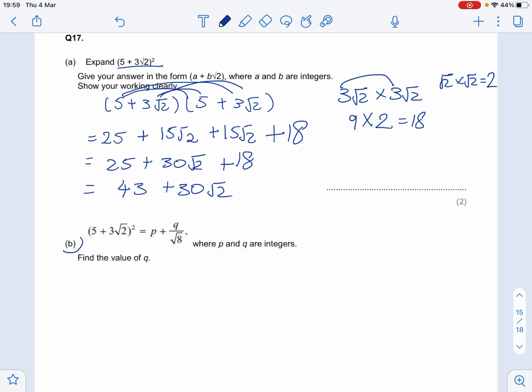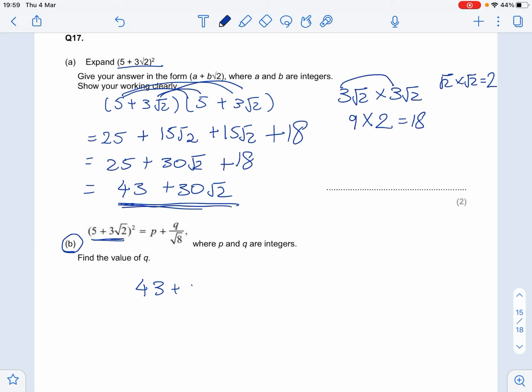Remember, this is a follow-up from part A, so we can use the answer we found from part A. So (5 plus 3√2) squared equals this.